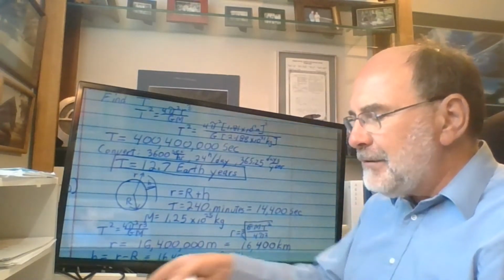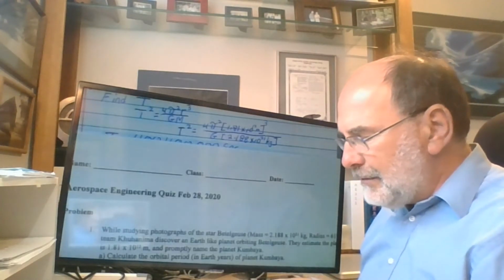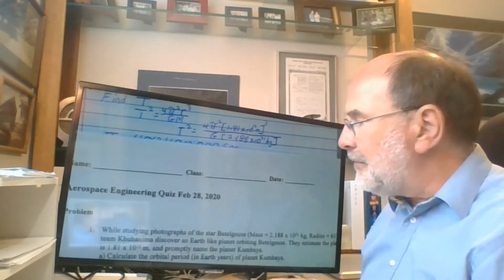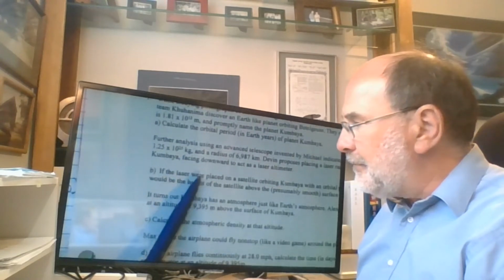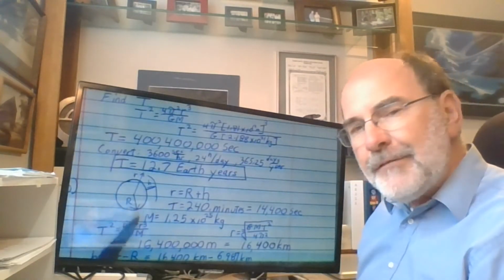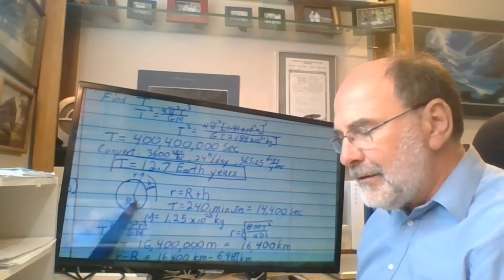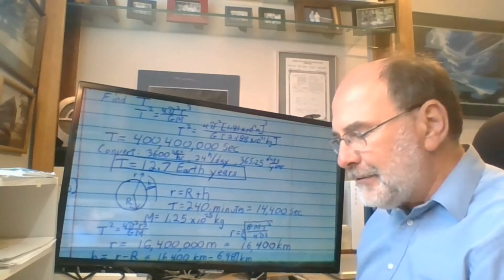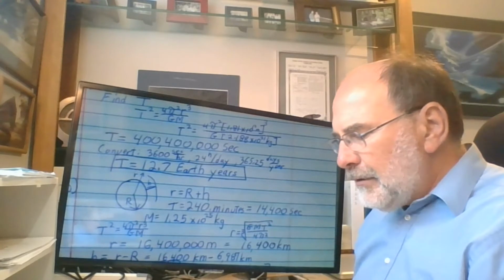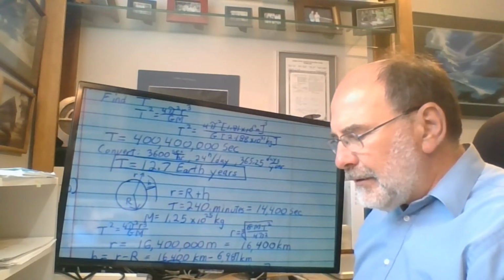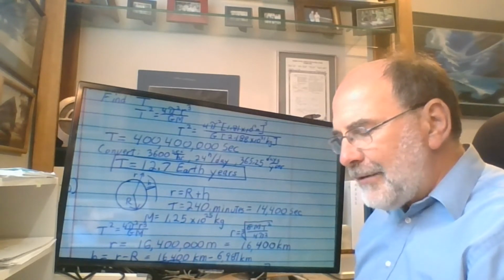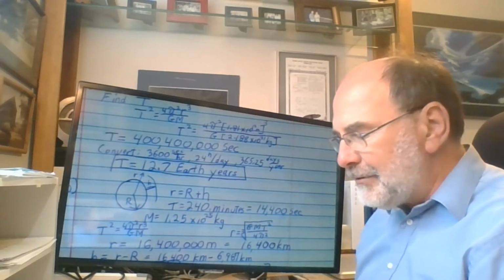Now, the problem specified what is the height of the satellite above the surface. So you have to take the orbital radius, subtract from that the planetary radius, and what's left is the orbital height. So the radius of the planet was 6,987 kilometers.